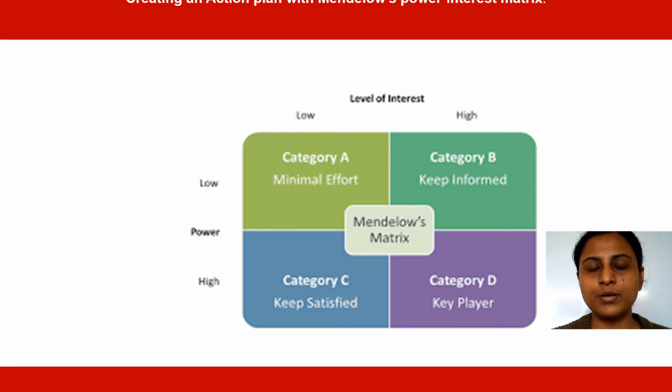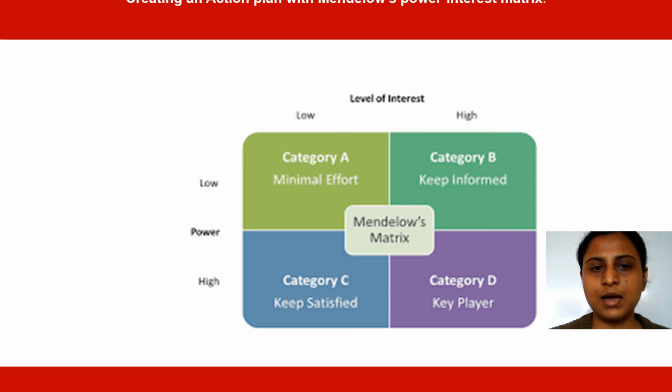So high power, high interest, manage closely. Next, high power, less interest. Just put enough work to keep them satisfied, but not so much that they become bored with your message. So high power, less interest, keep satisfied.